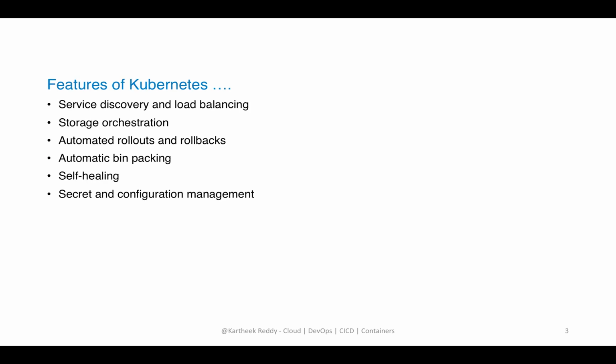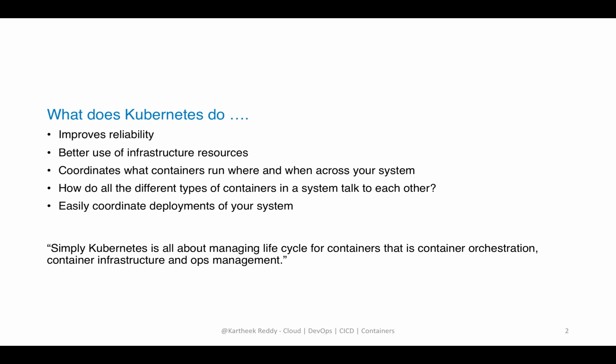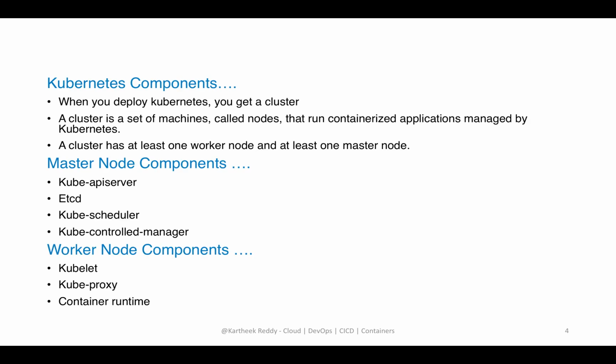Next component is kube controller manager. What is this? In Kubernetes, a controller is a control loop that watches the shared state of the cluster through the API server. So your kube controller manager will be listening to the API server, and it will keep on watching the state of your cluster, and it attempts to move the current state to the desired state.